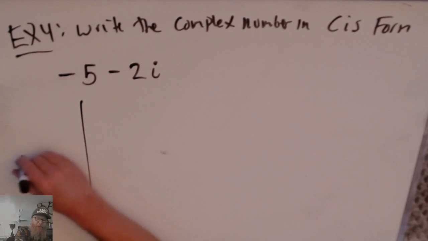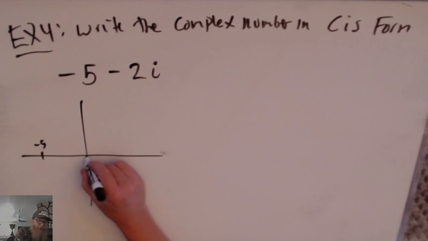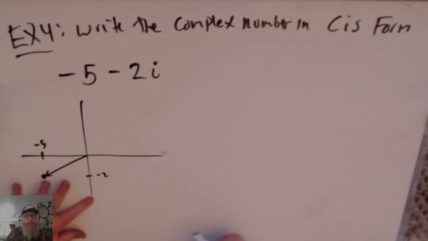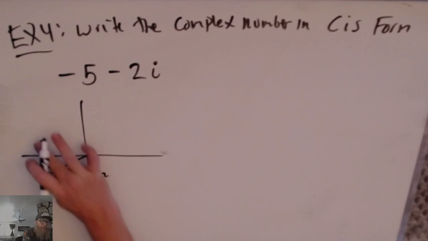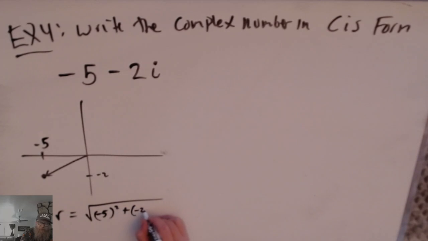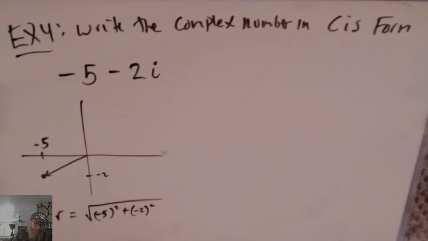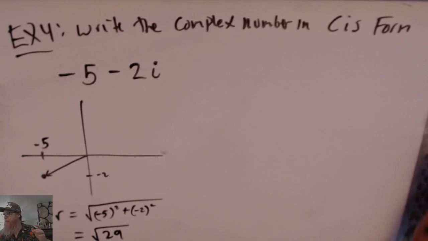It might help to draw a picture, certainly wouldn't hurt, so that you know what quadrant you're in. Your radius is the square root of 25 plus 4, so the square root of 29.